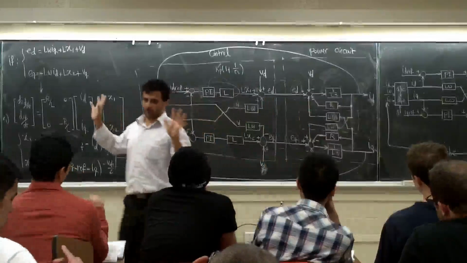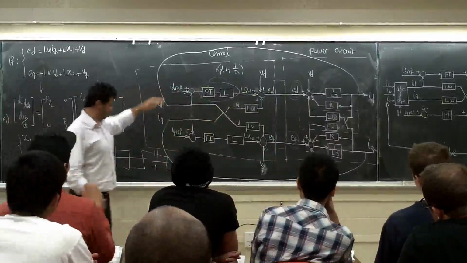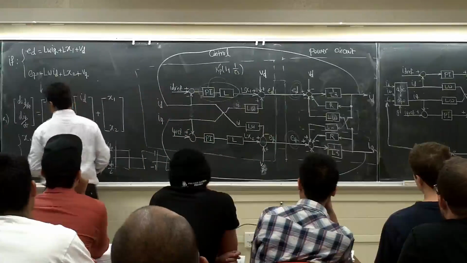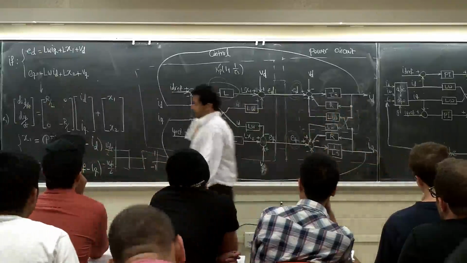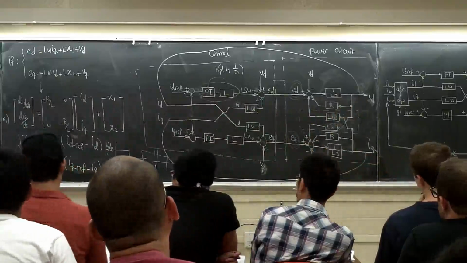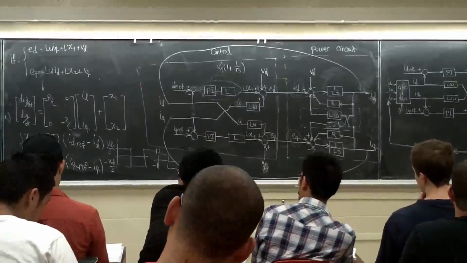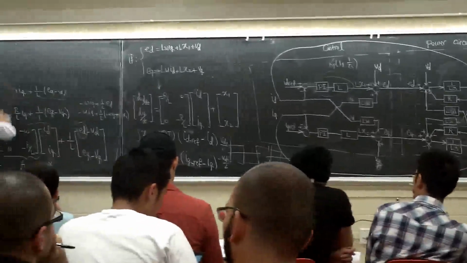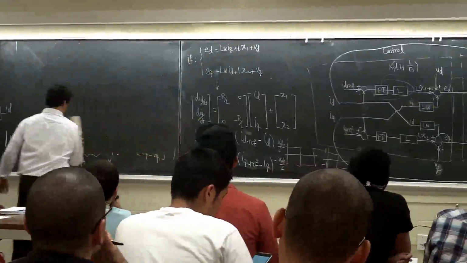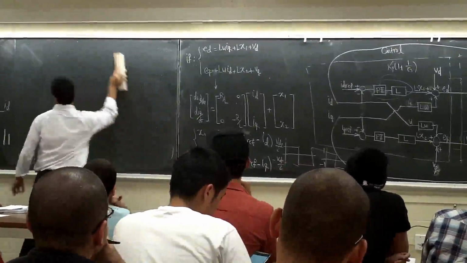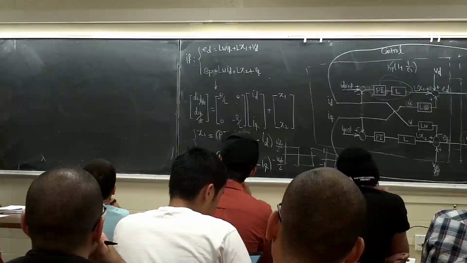See, let me tell you what you are doing. When we design the control system, I have an ID. This is what I want. I want to find the transfer function for the system. For those who have a control system background, they know about Bode plot and root locus and those things.